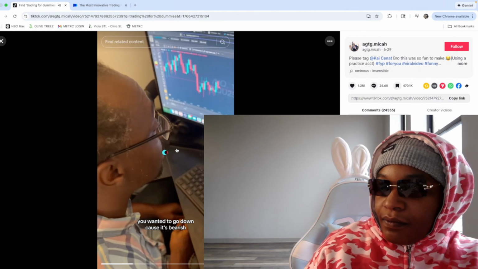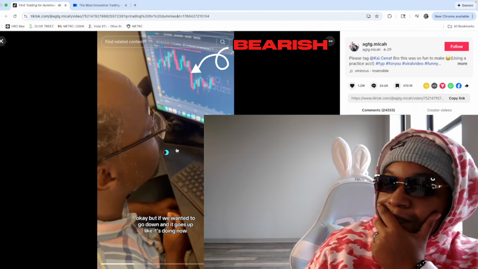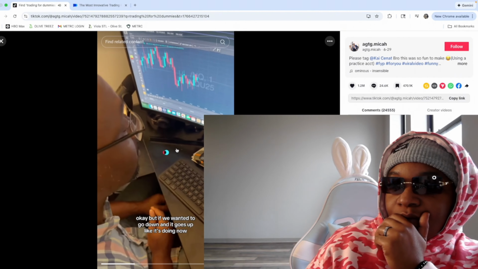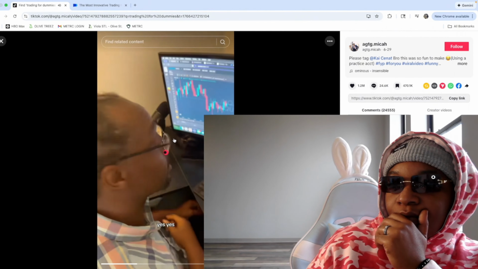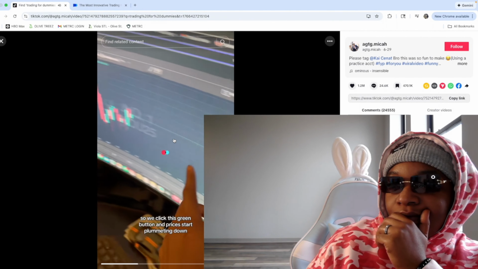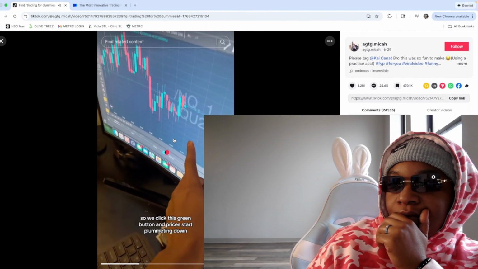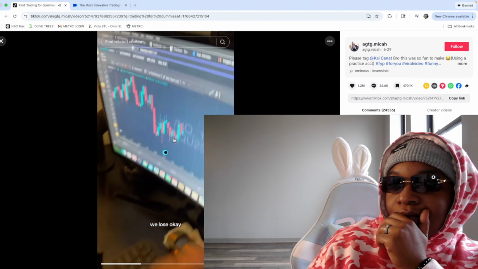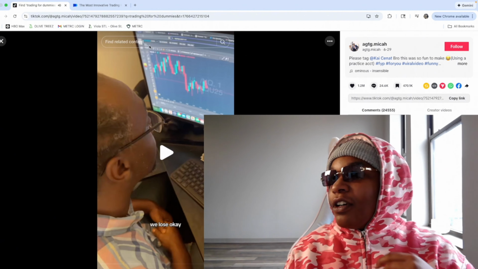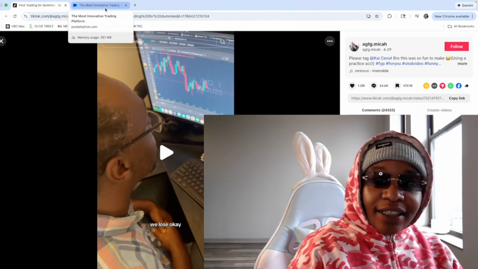You want it to go down because it's bearish. Okay. But if we want it to go down and it goes up like it's doing now, we lose, right? Yes, yeah. So if we click this green button and prices start plummeting down, we lose. And if we click this red button and prices start running up, we lose. Okay.